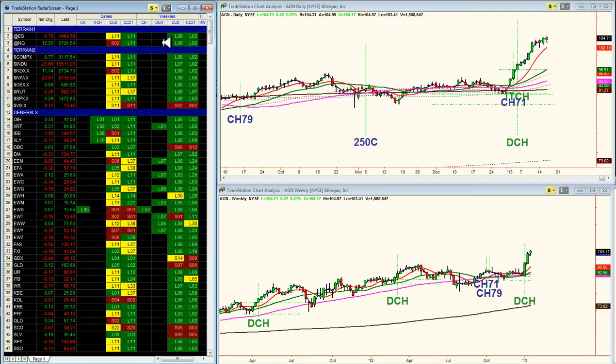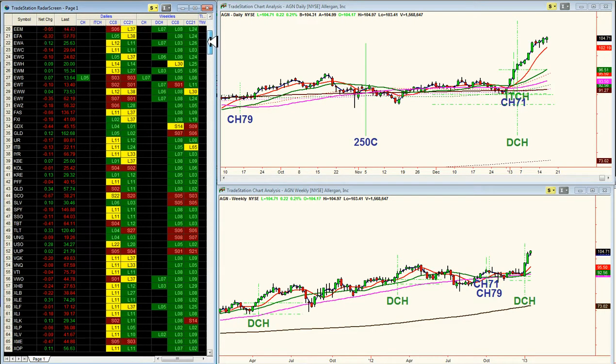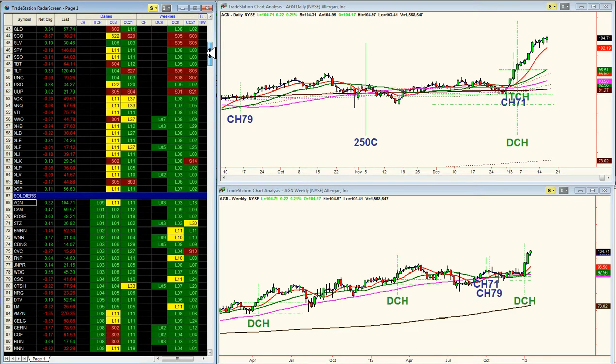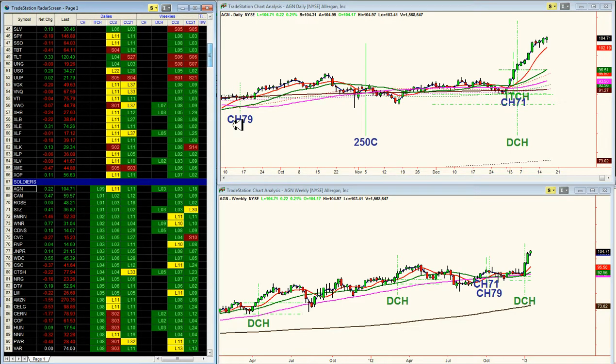And basically what I want to show you is how the radar screen will give you an indication of both a trade on the daily and the weekly chart, the dual chart agreement that we've been discussing. Take a look at AGN. One of the examples that I gave previously, AGN fired an itch 9 days ago.